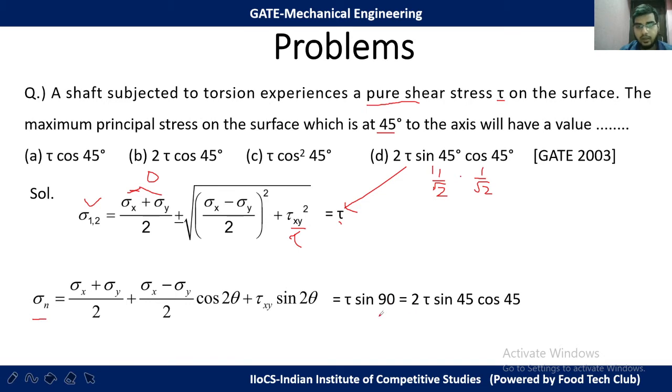If we consider sine 90 as sine 2 into 45, so sine 2 theta is equal to 2 sine theta cos theta. So the ultimate answer will be 2 sine theta sine 45 degree cos 45 degree, which is option D.